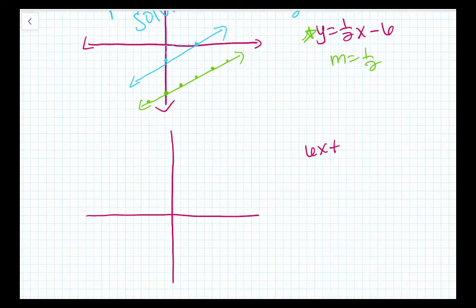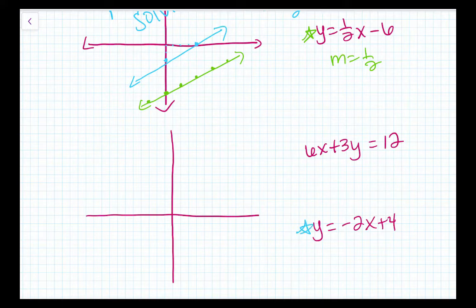Lastly, we'll look at an example when there are infinitely many solutions. Again, notice one of these is in standard form and one of them is in slope-intercept form. So I'm going to go ahead and graph this one. Going down 2 over 1, this is a negative slope. And then for this equation, again, I'm going to use the x and y intercepts.